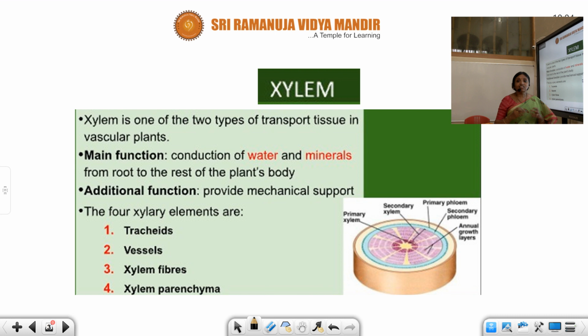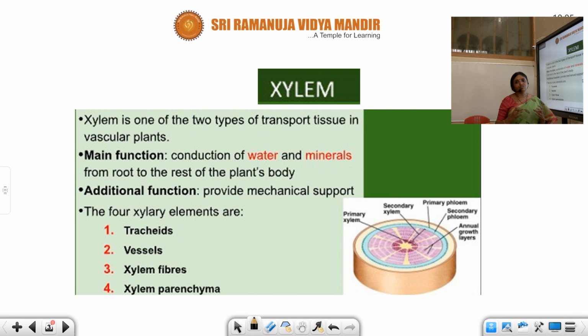In the leaf, because in the mesophyll of leaves, chlorophyll is present, and this chlorophyll traps sunlight, and there photosynthesis occurs. What happens in photosynthesis? Food is prepared. The food prepared in the leaves is conducted to the other parts of the plant body with the help of phloem.